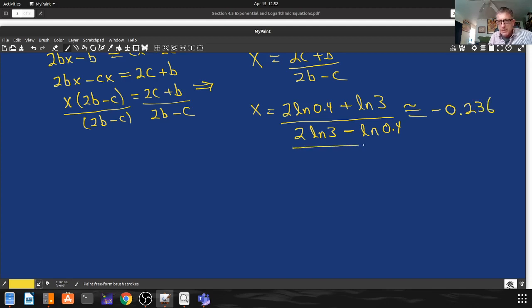So again, this is the exact solution, but it really doesn't tell you much, right? Where is this located on the number line? No idea. But when I use the calculator, I now know that it's actually negative, and on the number line, it's less than 0, but greater than minus 1.